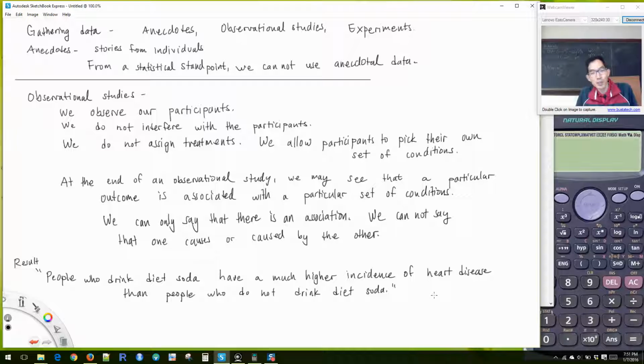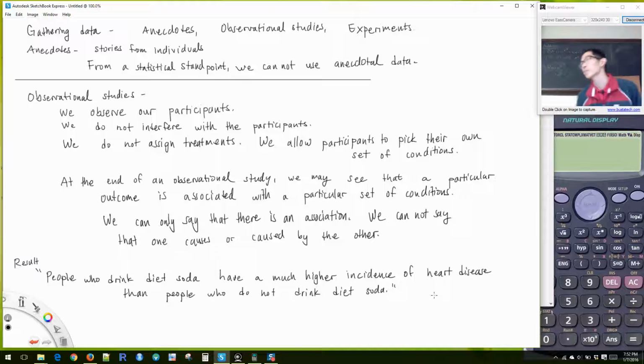But those would be incorrect conclusions to draw from this statement here. Okay, and really this statement is not very useful at all. They might just as well have said unhealthy people are unhealthier than healthy people, or something like that.